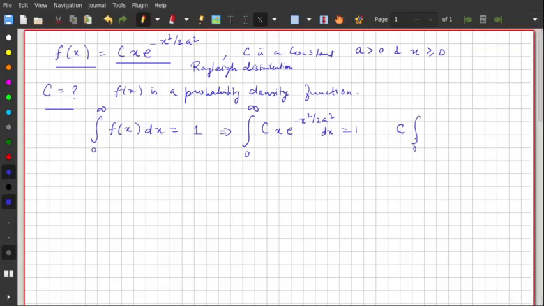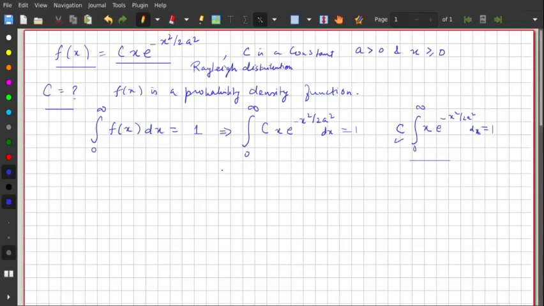So this becomes the integral from 0 to infinity of x e to the minus x square by 2a square dx equals 1. We can calculate this integral quite easily, and from here we find what c is.